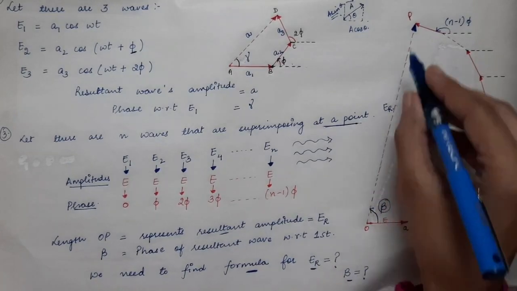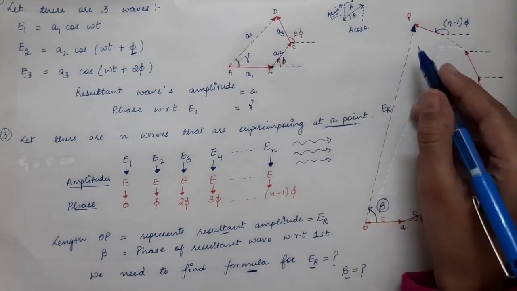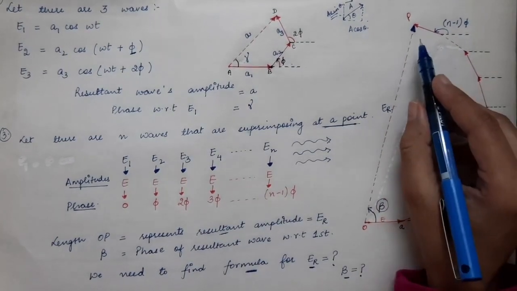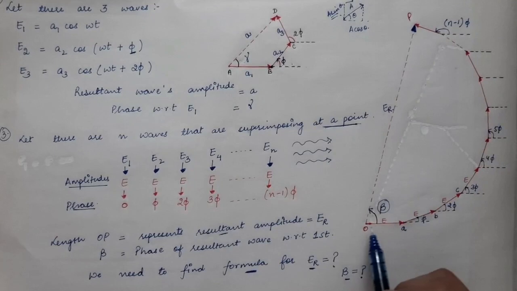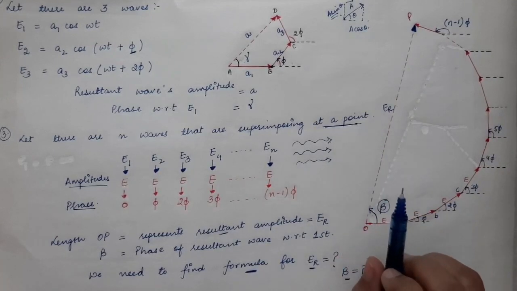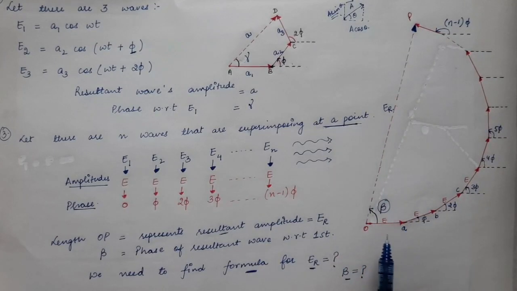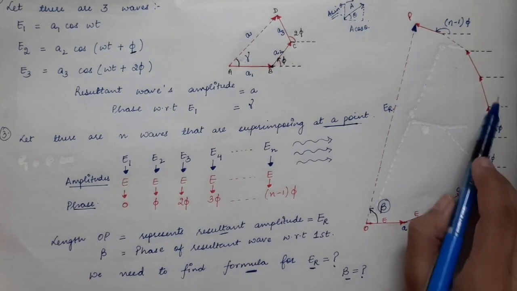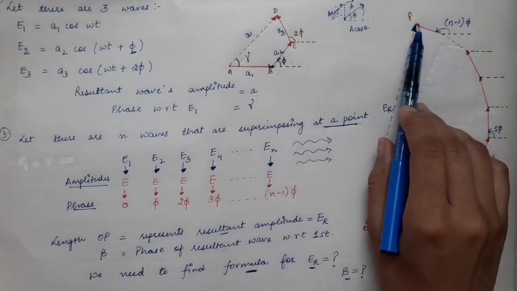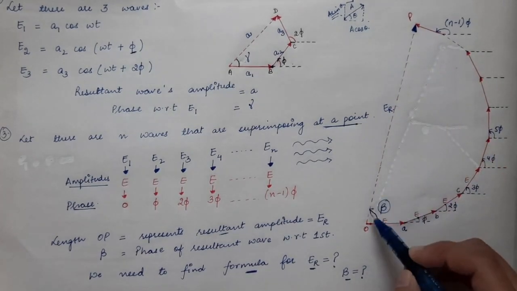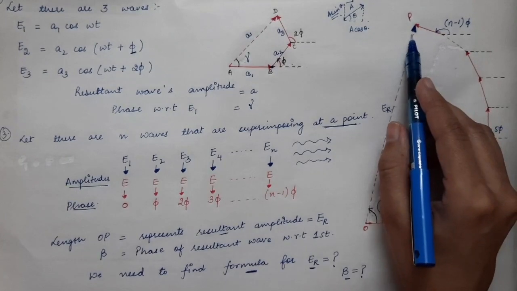Similarly, we will divide this OP vector, the resultant vector, into its horizontal and vertical components. Then we will simply sum the horizontal components of these small vectors and equate it to the horizontal component of this resultant vector.